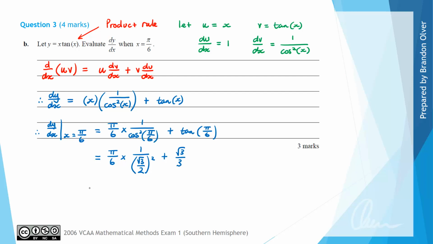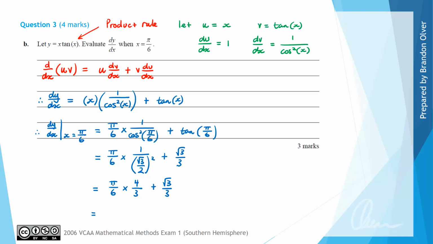Next we have to simplify this expression, so we're going to have that this is equal to pi over 6 multiplied by, and root 3 over 2 squared is 3 divided by 4, and if we divide 1 by that fraction it's the same as multiplying by 4 over 3, and then of course we still have our plus root 3 over 3.